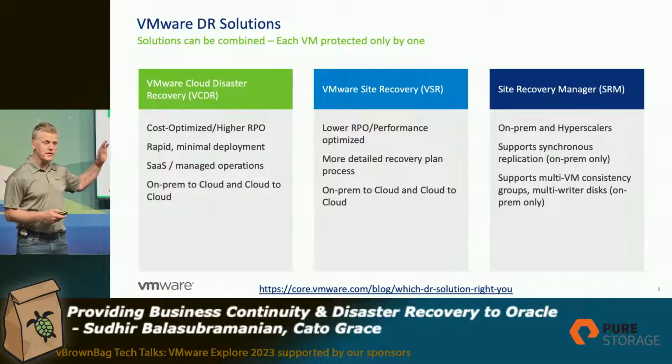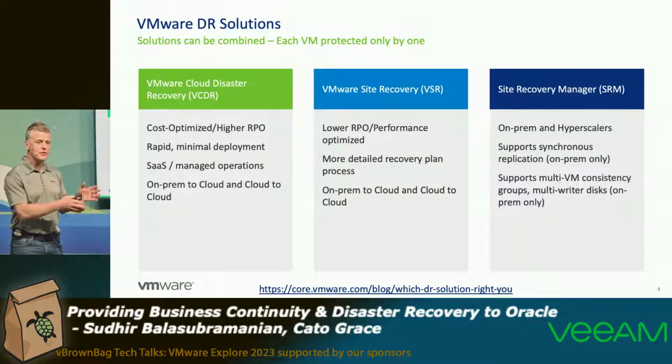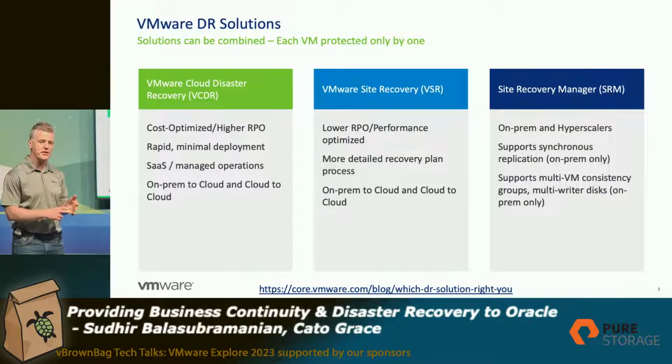Site Recovery Manager is available for all of our hyperscalers as well as for on-prem. It supports a number of things that some of the other solutions don't, specific to on-prem, like multi-VM consistency groups and array replication.